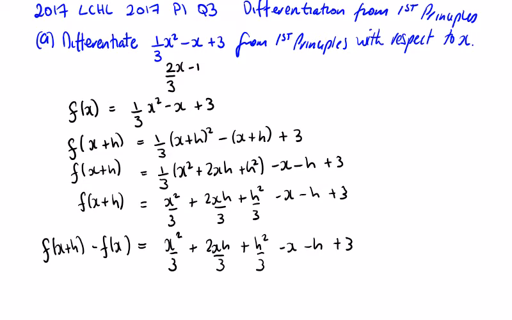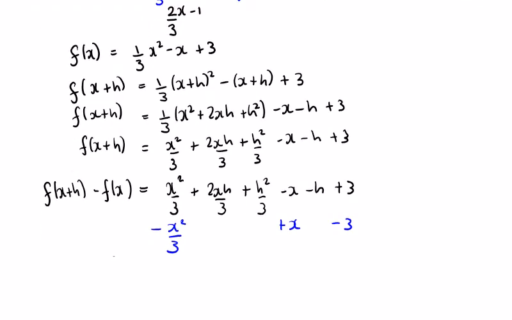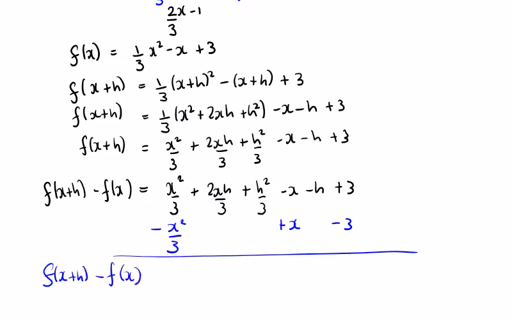And then underneath we're going to write minus f of x, which is minus x squared over 3 plus x minus 3, to cancel off 3 of my terms. So f of x plus h minus f of x is equal to 2xh over 3 plus h squared over 3 minus h.